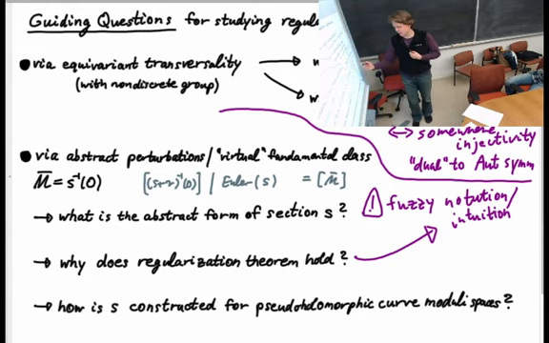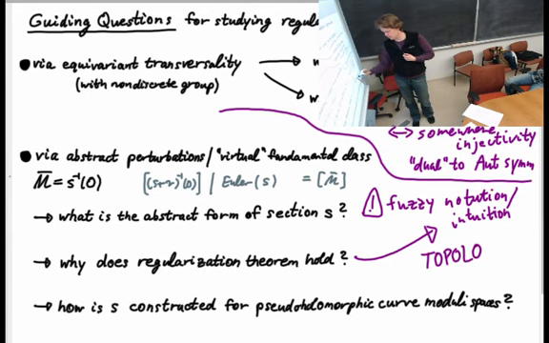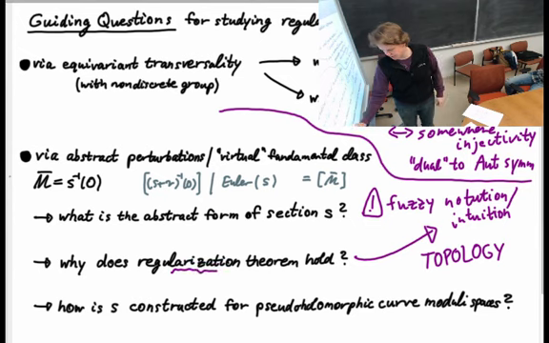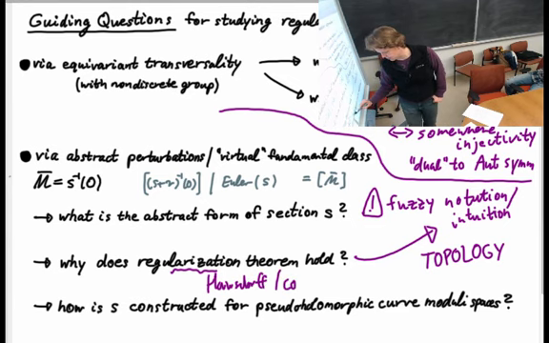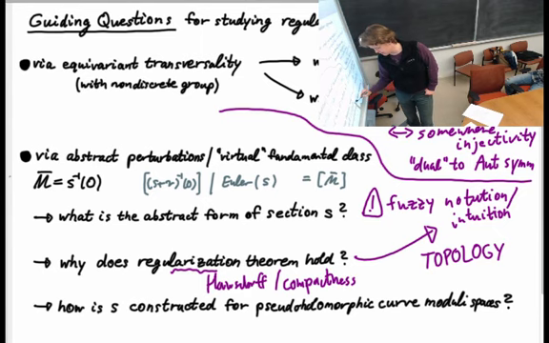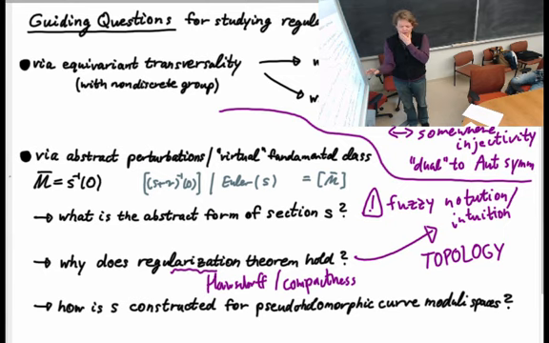But essentially all of these problems here are topological problems. So important things to look at in a regularization are things like the Hausdorff property or compactness. But we're doing abstract perturbations here, so we're out of the world of Gromov compactness.